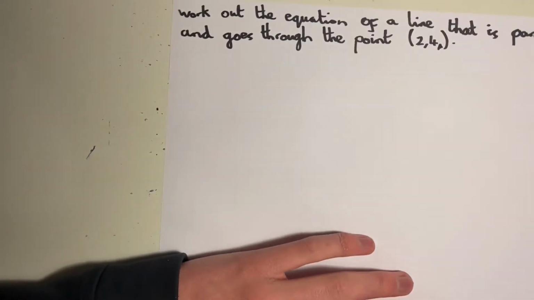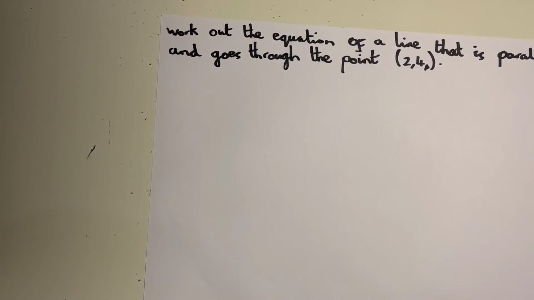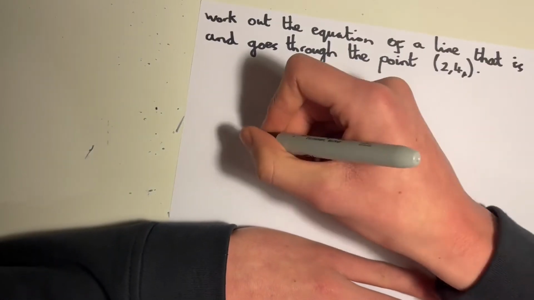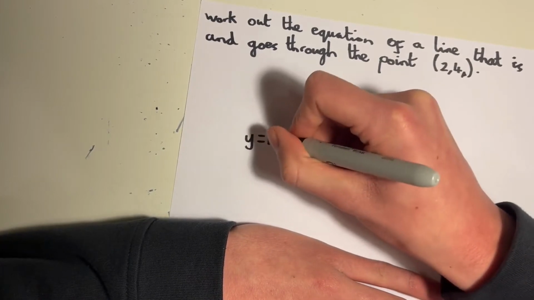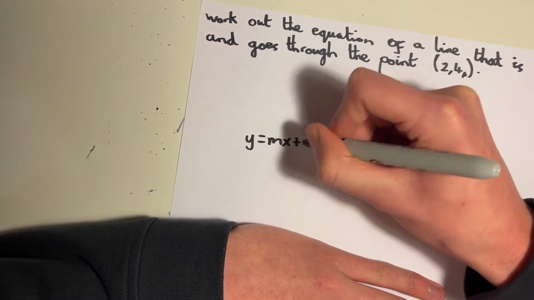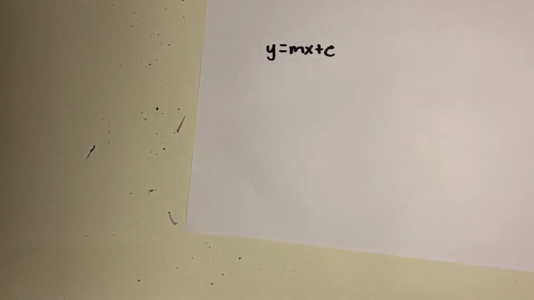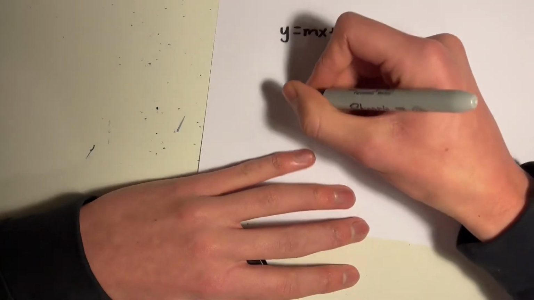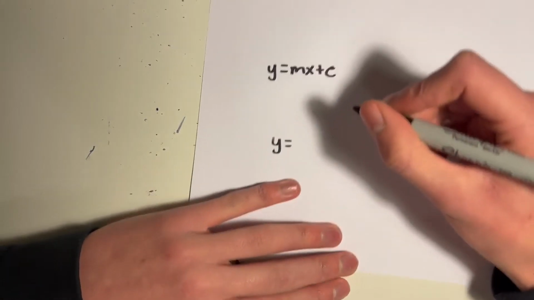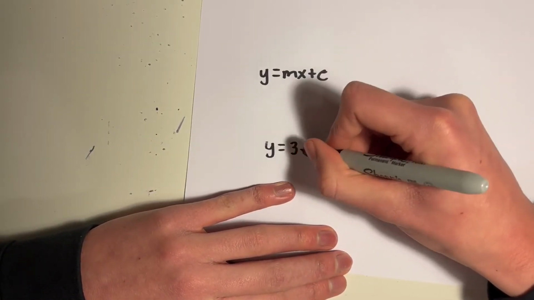So it's a good time to mention, you need to know how to do y equals mx plus c and stuff like that. But if we take a straight line equation, which is y equals mx plus c, we know m is the gradient, so m here is 3. So the gradient of the line that we're trying to work out would also be 3. So it'd be y equals 3x plus c.